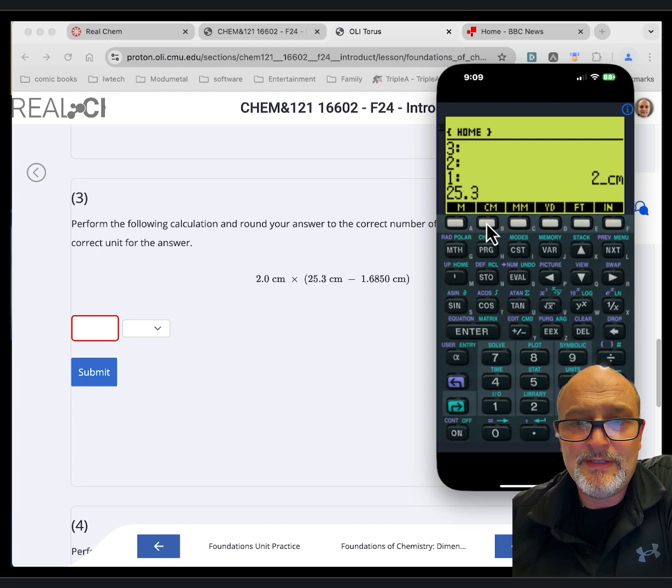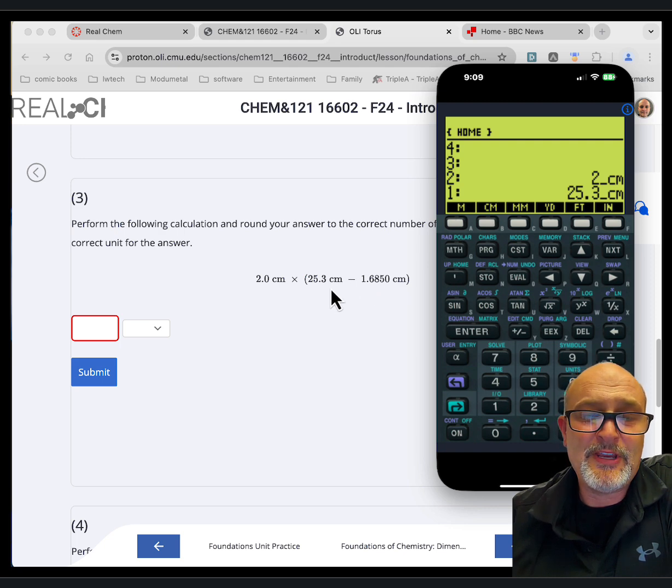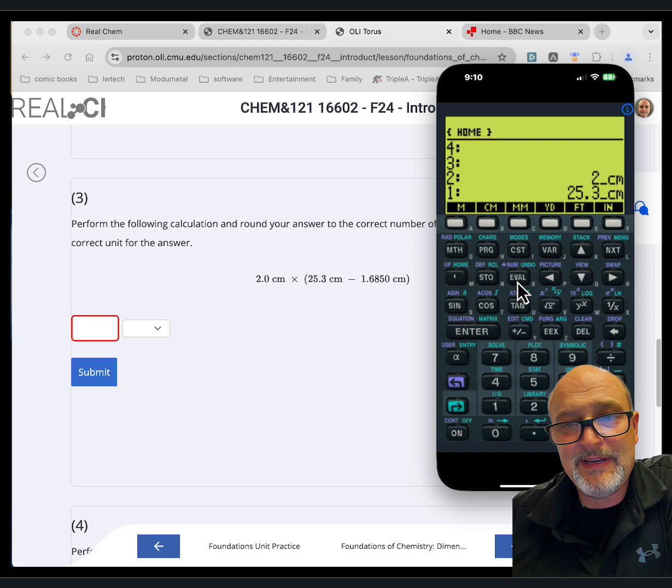25.3 centimeters. And you know, with division and subtraction, the order of operations makes a difference. It does not make a difference for multiplication and addition. So it depends, because these are left to right operations, and division can be left to right, but you can multiply in either direction. It doesn't make any difference.